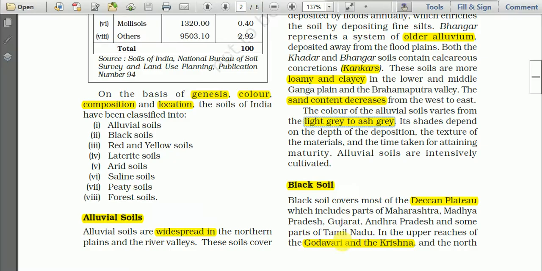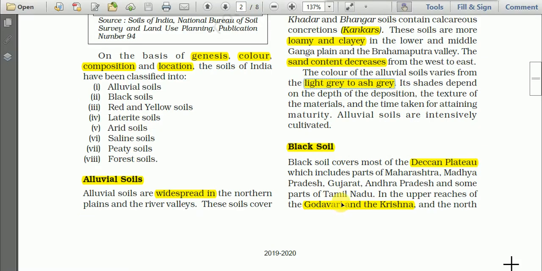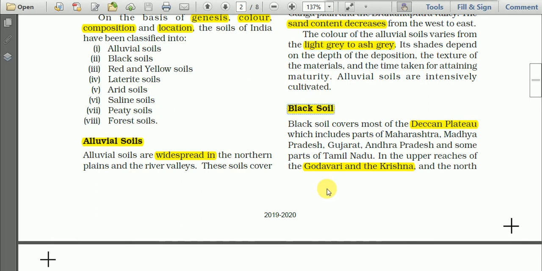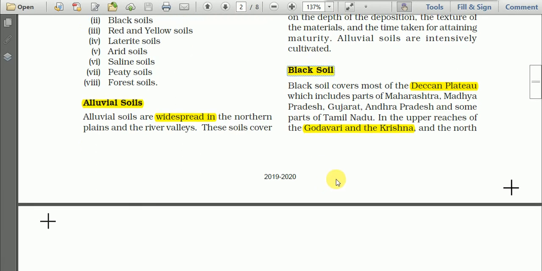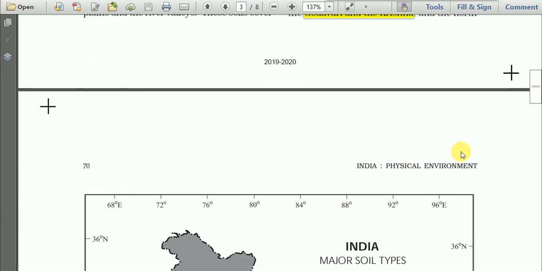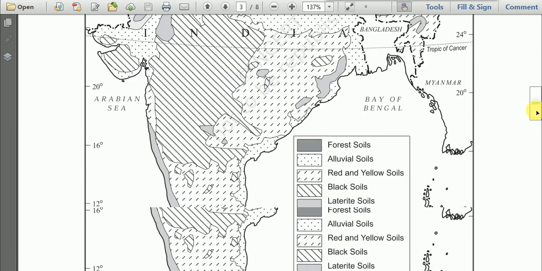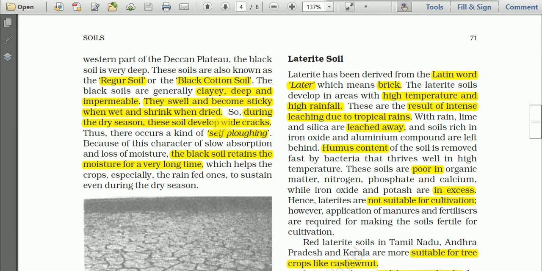And next we have another type of soil, that is black soil. Black soils cover most of the Deccan Plateau, which includes parts of Maharashtra, Madhya Pradesh, Gujarat, Andhra Pradesh, and some parts of Tamil Nadu. In the upper reaches of Godavari and Krishna, and the northwestern part of the Deccan Plateau, this black soil is very deep.